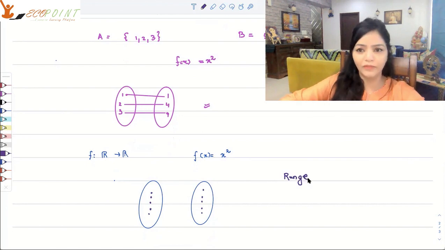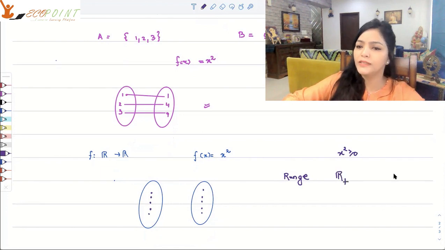We've done this. The range of x square is positive values, so what comes out of this function is always a positive number. So the range is R plus. What is the codomain? Codomain is R. This is a situation where these two are not equal. So hence this function is not onto this time.